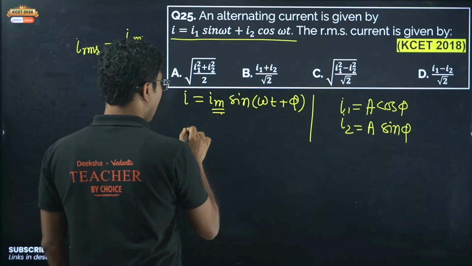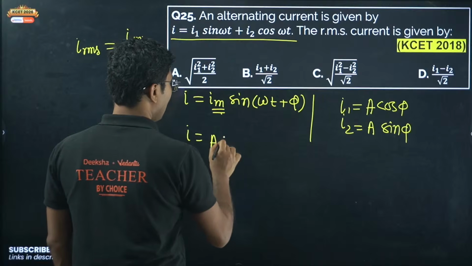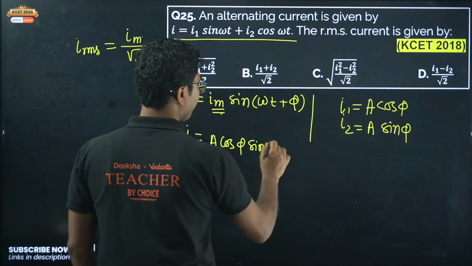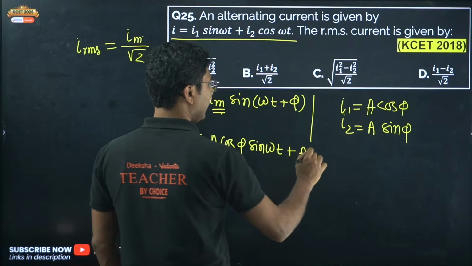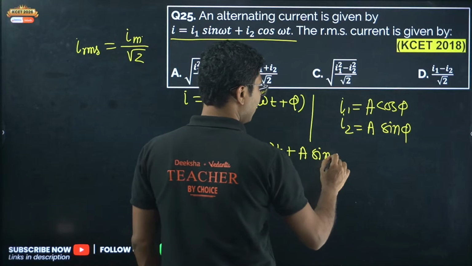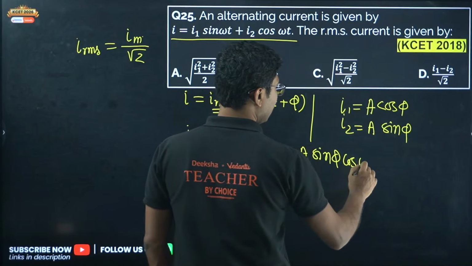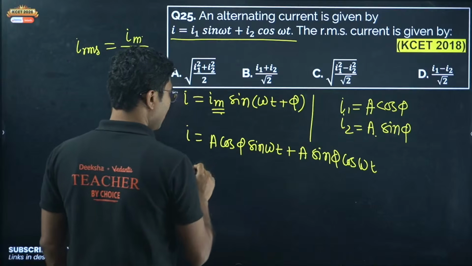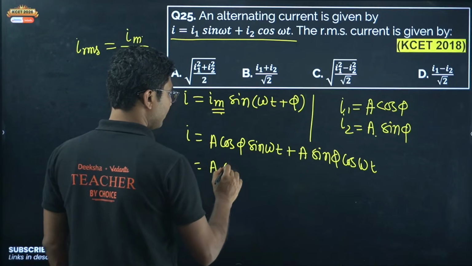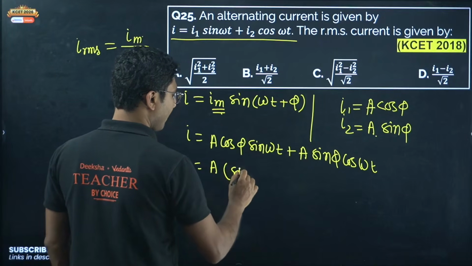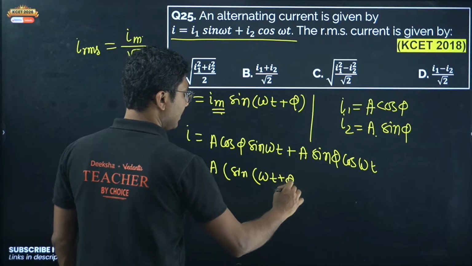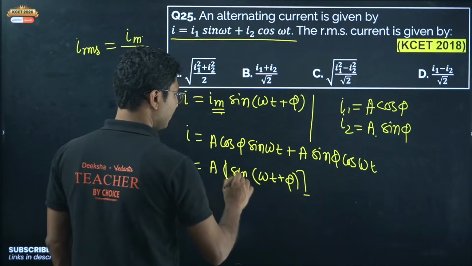So we get I equals A cos phi sin omega t plus A sin phi cos omega t. We can calculate A and phi from this equation. So we can write it as A sin(omega t plus phi), the sin A plus B formula.